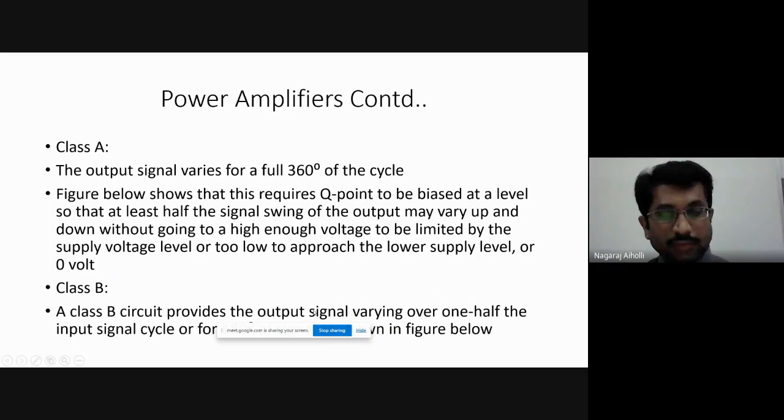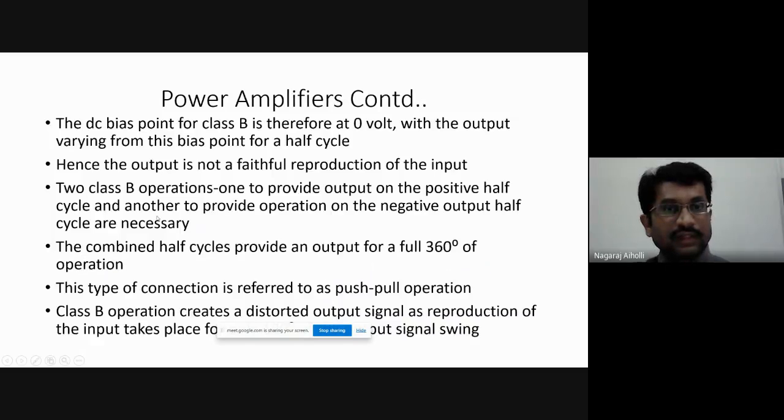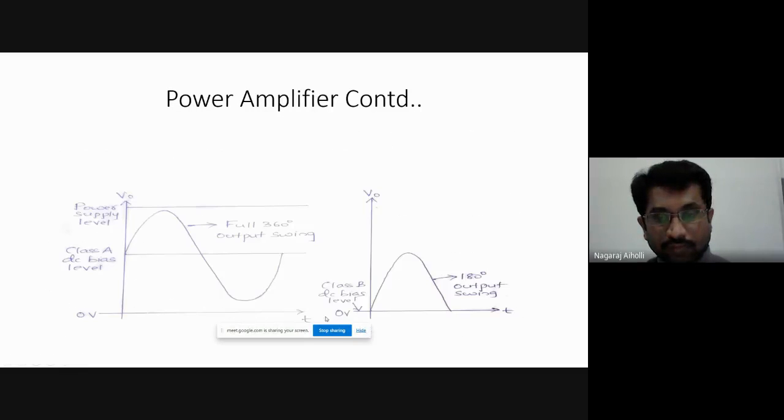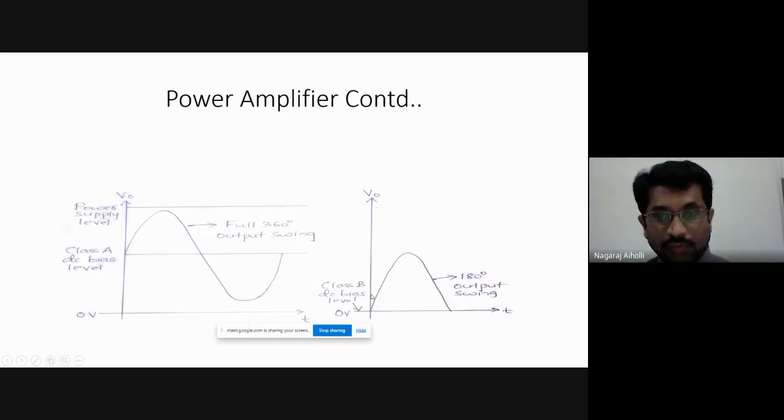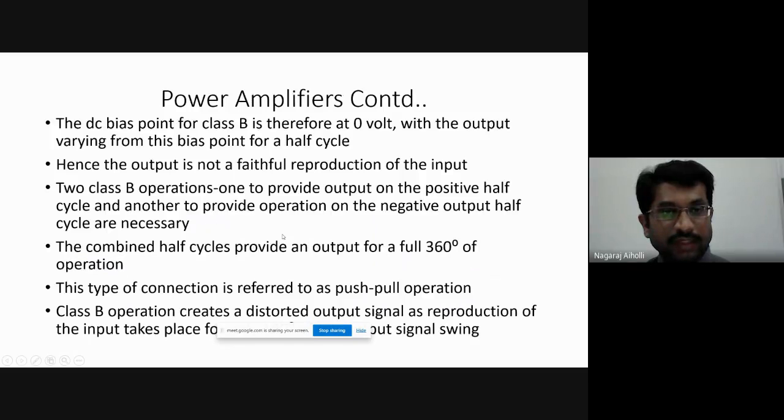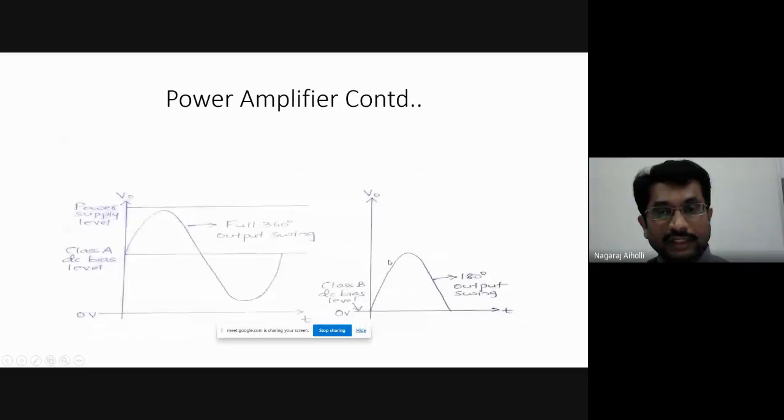A class B circuit provides an output signal varying over one half of the input signal, which is shown in the figure below. The DC point is at 0 volts, with the output varying from this bias point for half a cycle, that is 0 to 180 degrees. That means what here? Is it a faithful reproduction of the applied input signal?